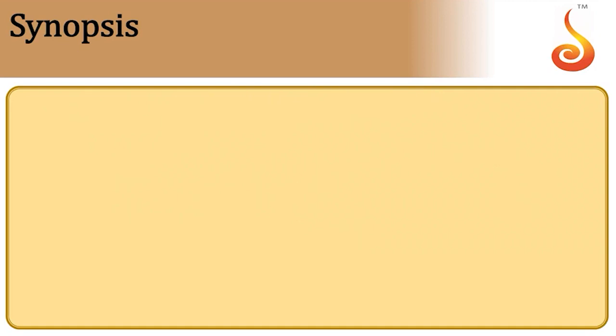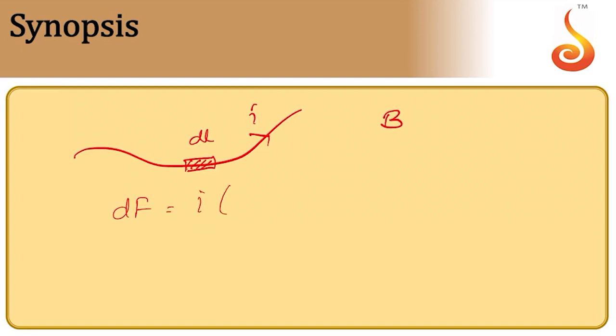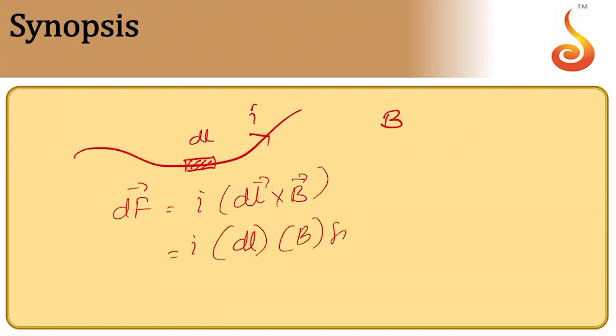If it is a varying magnetic field, or if the conductor is bent and if the magnetic field is B, then we take a small portion of the current carrying conductor whose length is dl. Then the force on that part is given by I into dl cross B, or we can write it as I dl B sine theta, and in order to get the net force we integrate this.